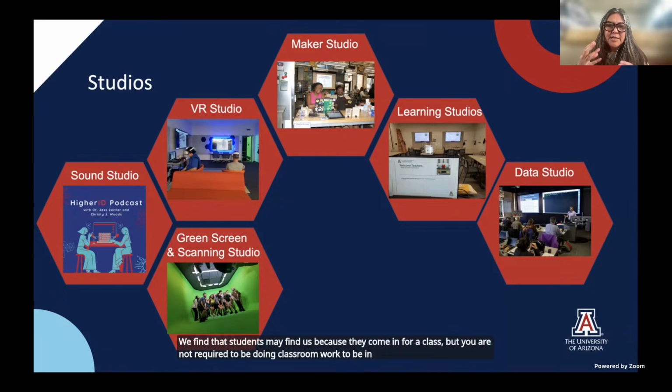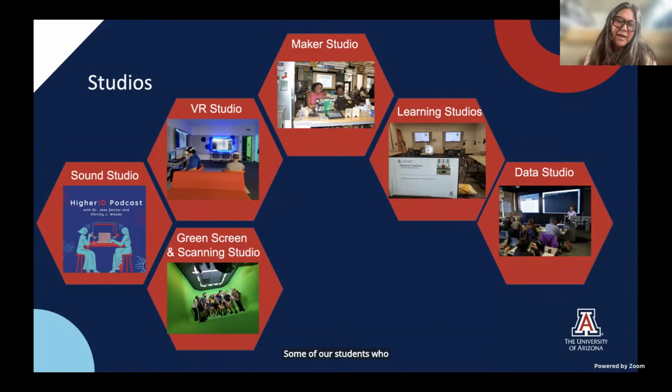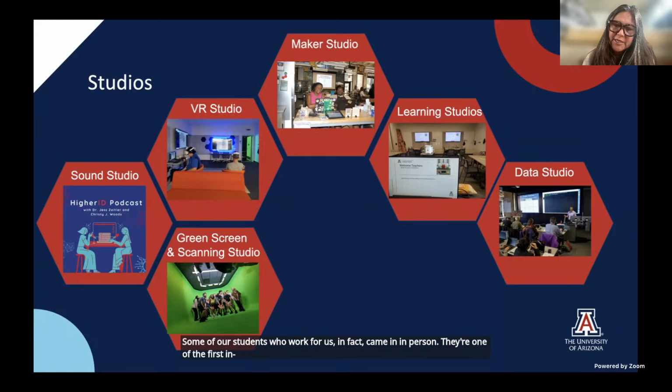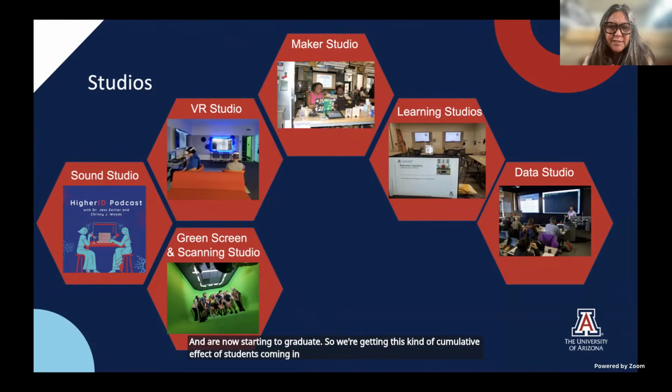And so the number of users has grown, as you might expect, over time as they've been coming in. Now, some of our students who work for us, in fact, came in person. They're one of the first in-person classes to come in as a freshman and are now starting to graduate. So we're getting this kind of cumulative effect of students coming in for all different reasons across the educational experience.